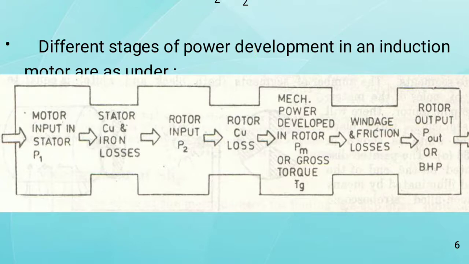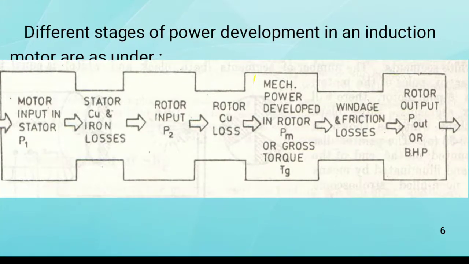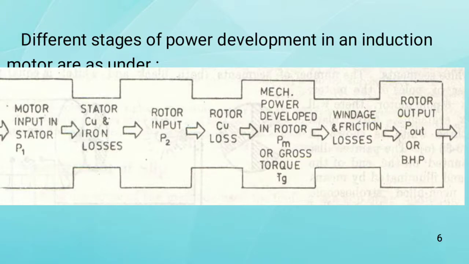Here, motor input to stator, P1. The next is stator copper and iron losses, and the next is rotor input P2, and then rotor copper losses.